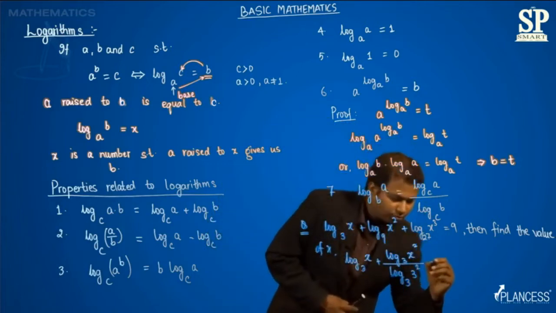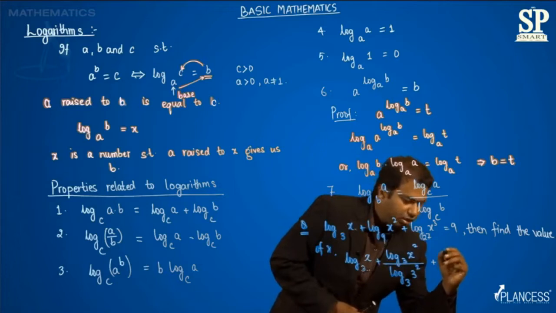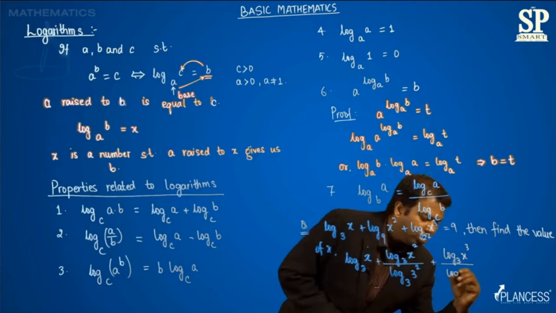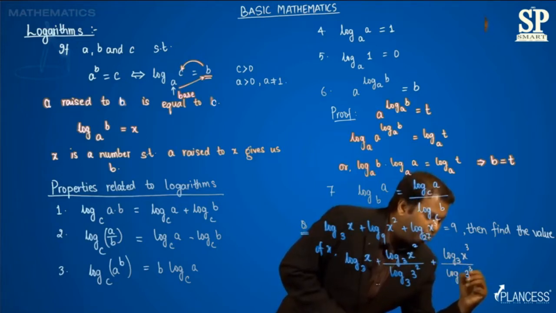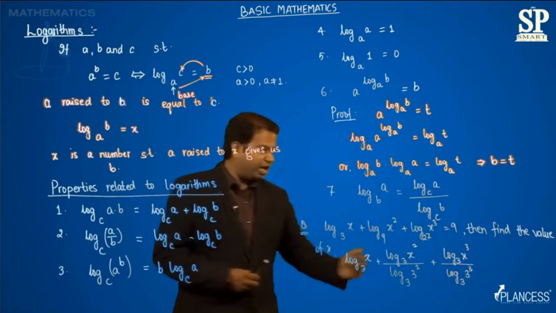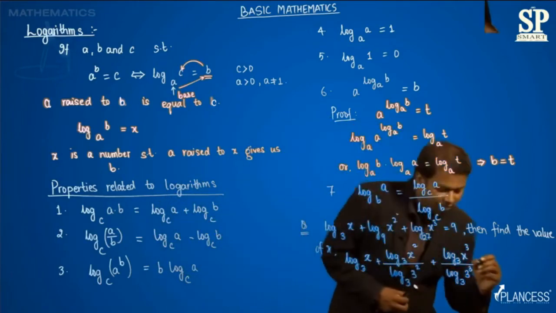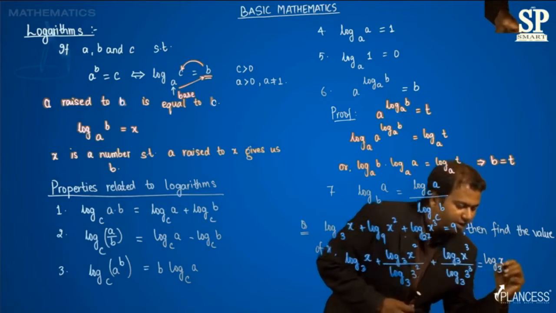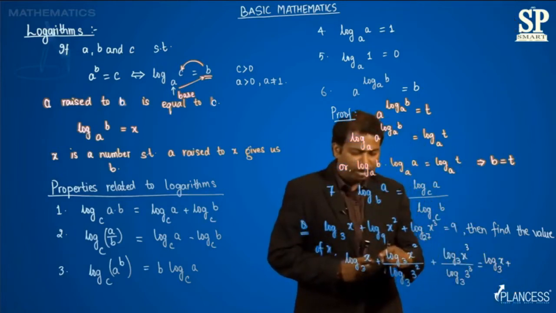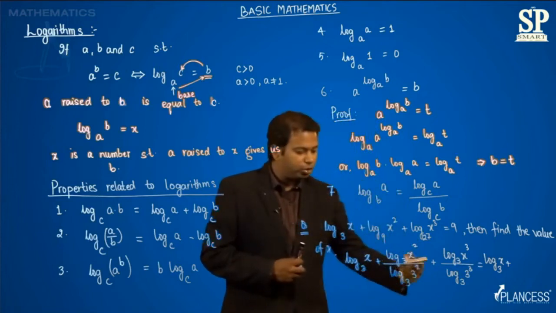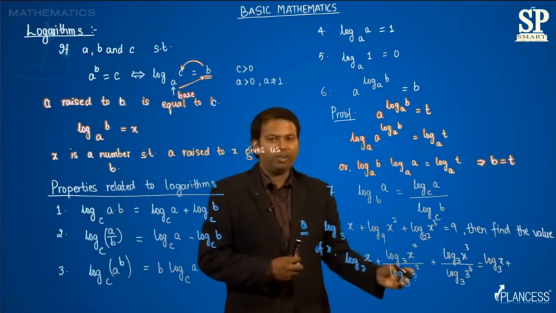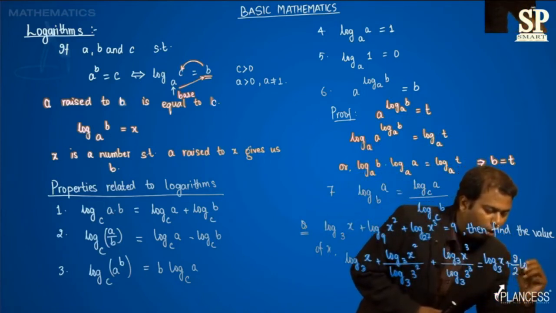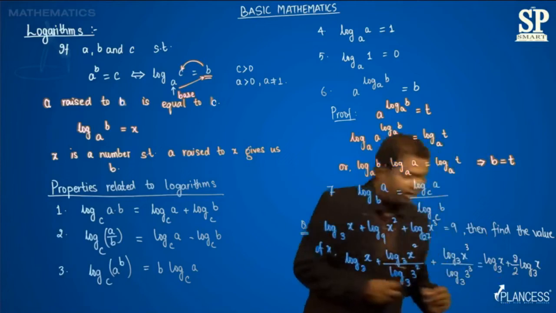And now we can write this as log x cube base 3 upon log 27 can be written as 3 cube base 3. Now here if we simplify this, from here we have log x base 3. From here 2 comes in the front. From here also 2 comes ahead of log, and log 3 base 3 becomes 1. So what we have is 2 upon 2 log x base 3.